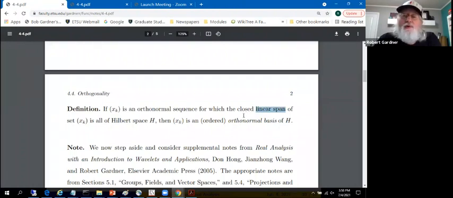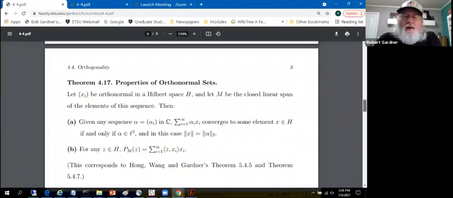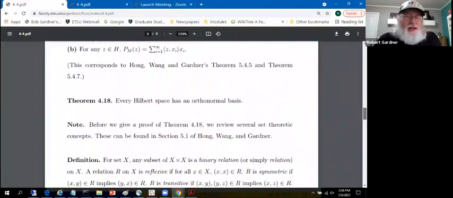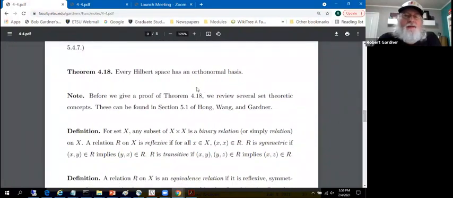The closure will allow us to deal with series, and when we say orthonormal basis, it has specifically this particular definition, but we're not to the point where we have all the nice geometry of Rn just yet. Having an orthonormal basis is not what we need. We need a countable orthonormal basis. We need to be able to write these in terms of series, not in terms of finite sums.